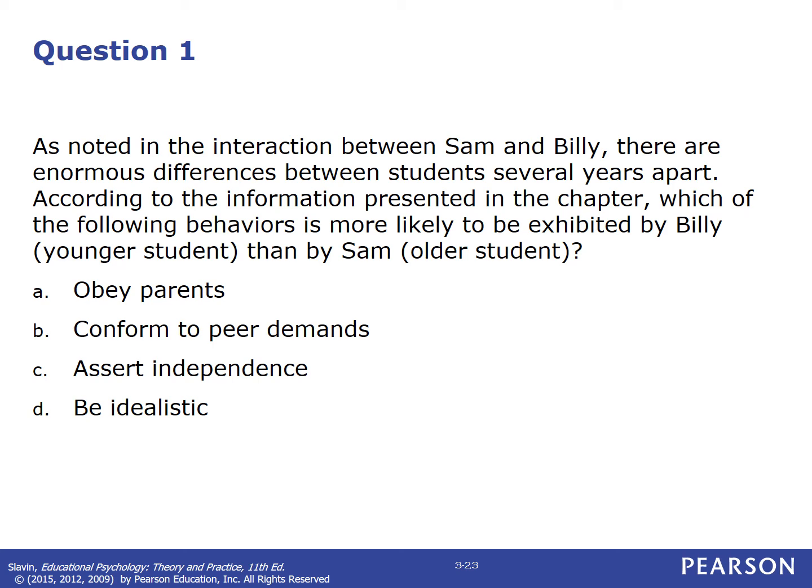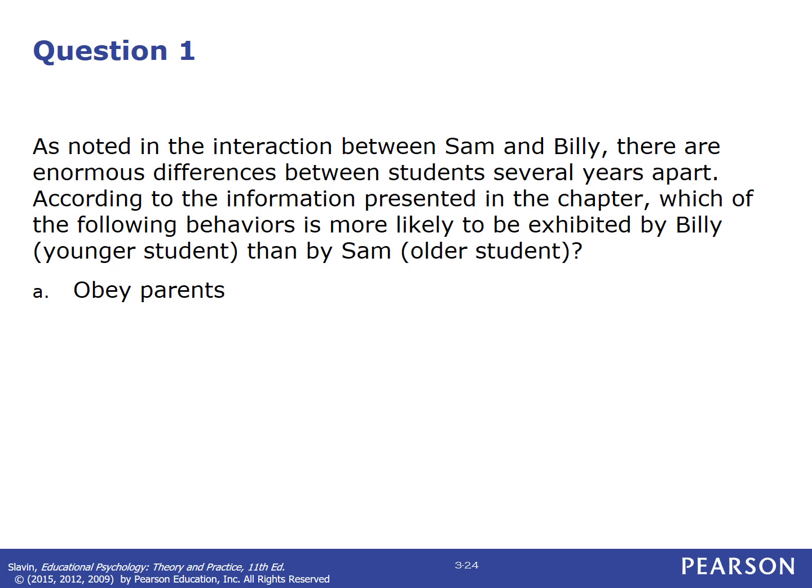Is it A, obey parents, B, conform to peer demands, C, assert independence, or D, be idealistic? The younger student, think about it. If you thought A, obey parents, you'd be correct. Billy is at the stage where his parents exert authority, and Billy still respects that authority.